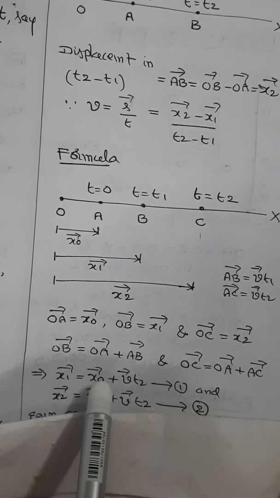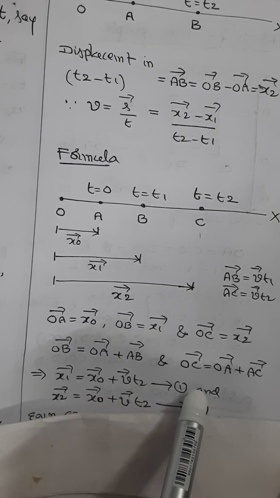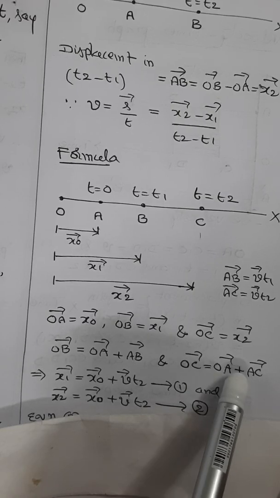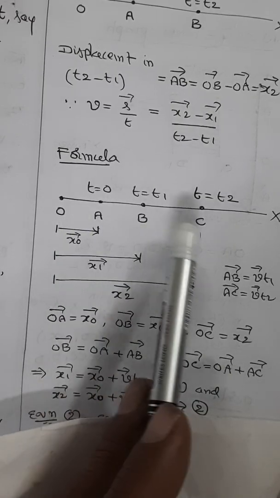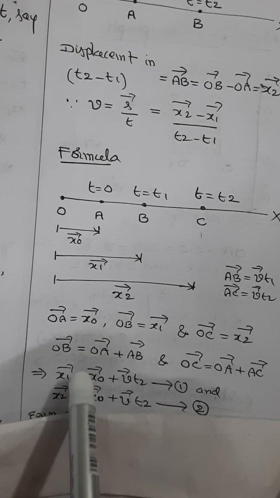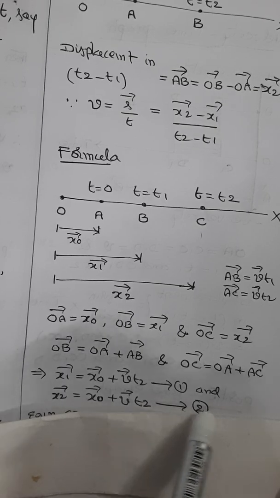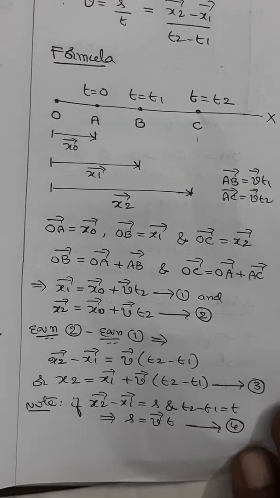Therefore vector x1 equals vector x0 plus vector v t1. Let this be equation 1. Similarly, look at the other equation. What is OC? OC is nothing but vector x2, that is nothing but OA, that is x0, plus v t2. Let this be equation 2.